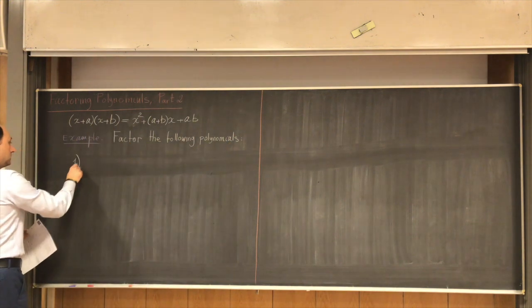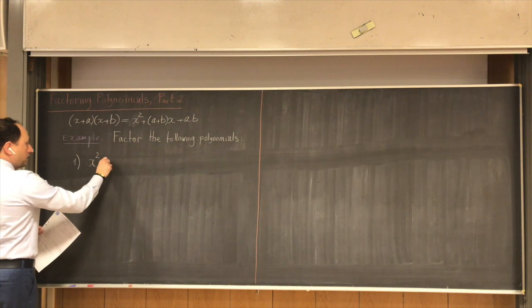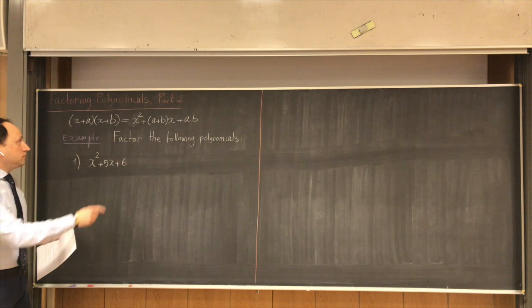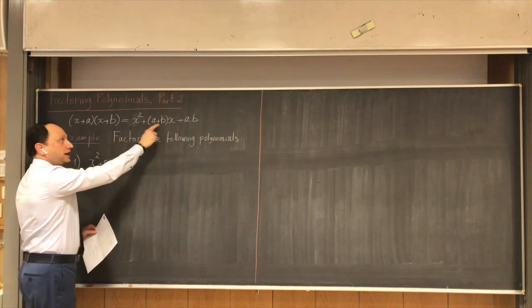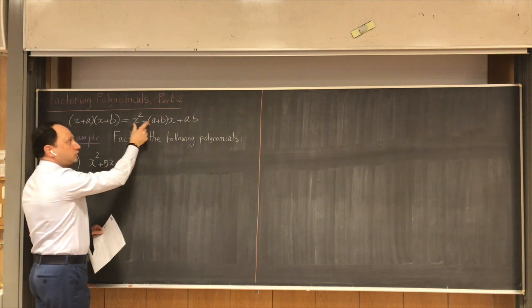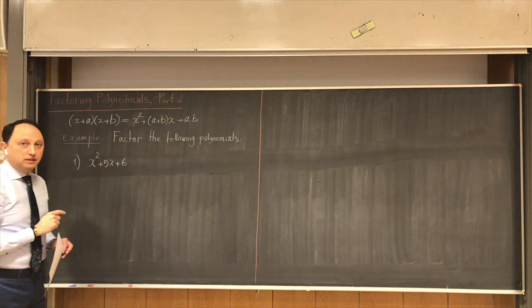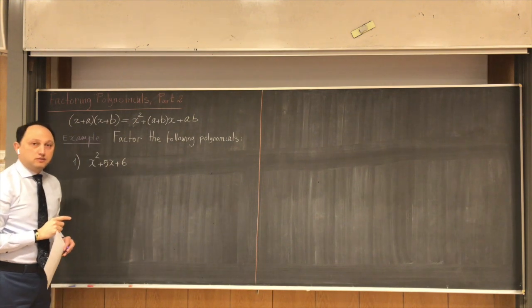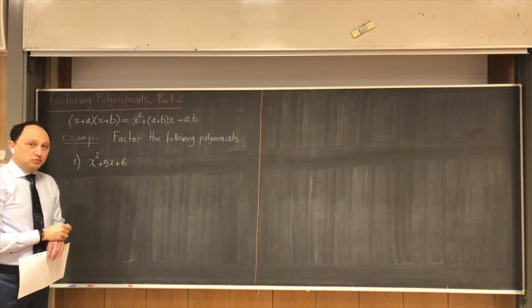Number one, x squared plus 5x plus 6. What you see here is that if you can detect this pattern, where I have three terms and one of them is a complete square, it might be the case that I can use this rule to factorize my polynomial.